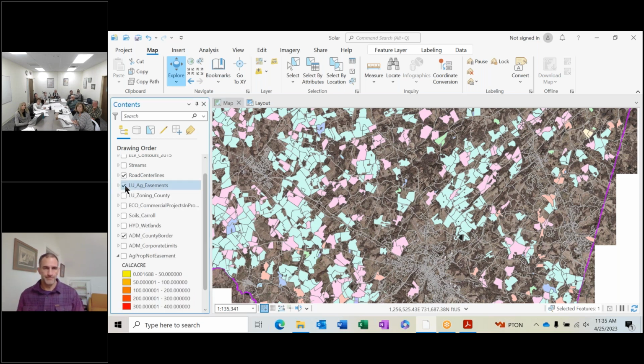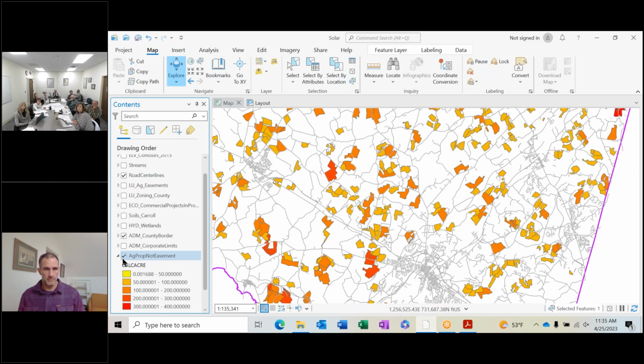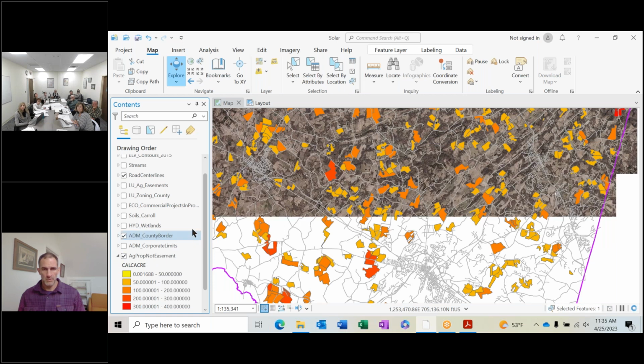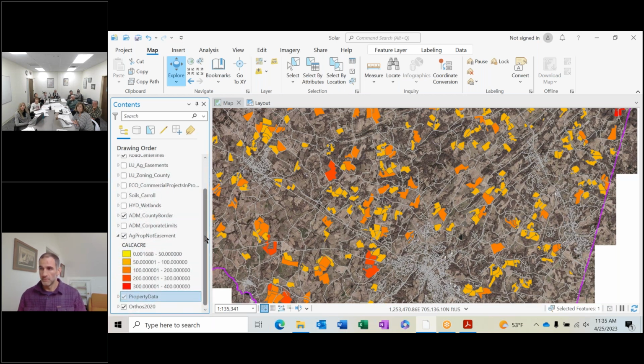These are the remaining agriculturally zoned properties not in preservation. The lighter orange is between 50 and 100 acres, darker orange is 100 to 200 acres, and then shades of red, 200 to 300 acres and 300 to 400. I've got numbers for how many of those there are.